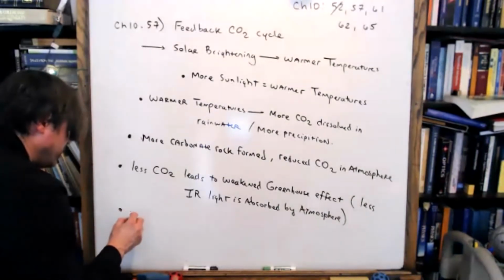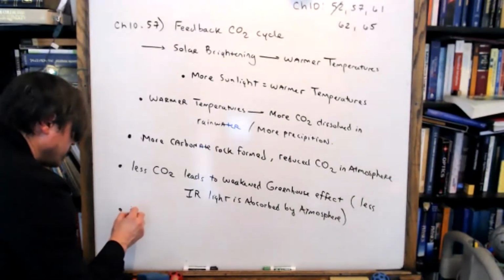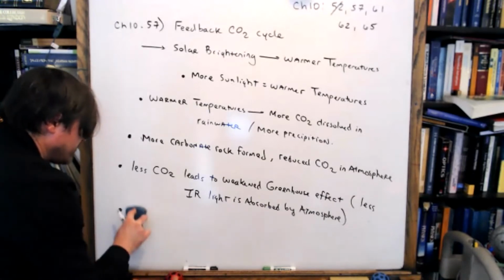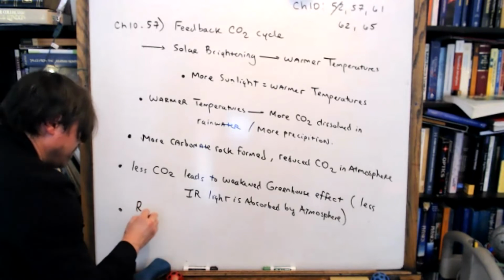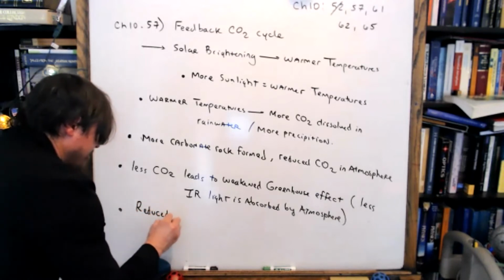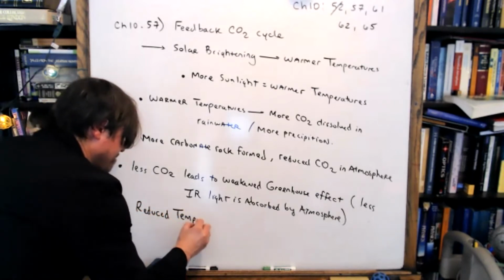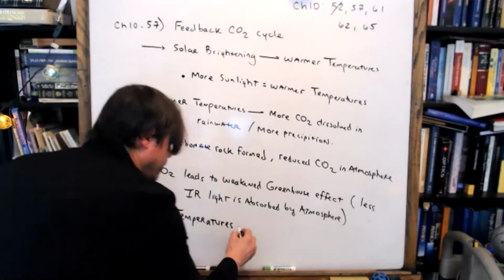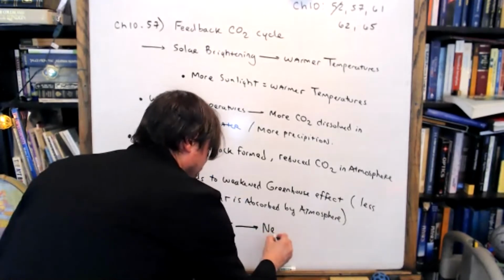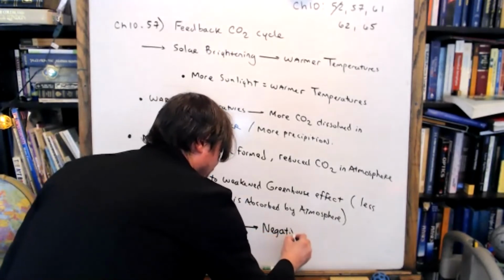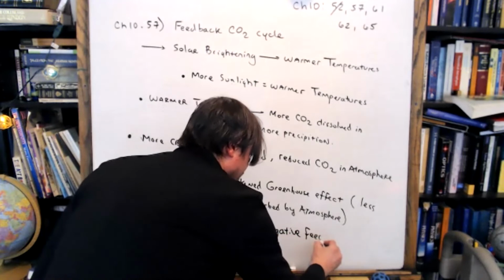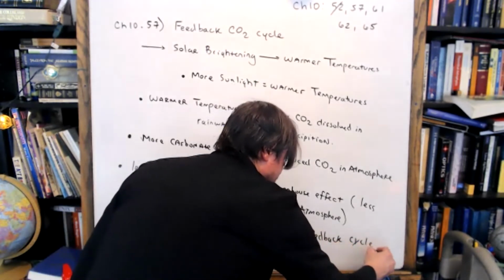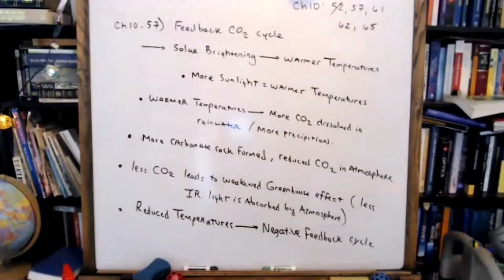This leads to reduced temperatures. And this is an example of a negative feedback cycle. This is known as a negative feedback cycle.